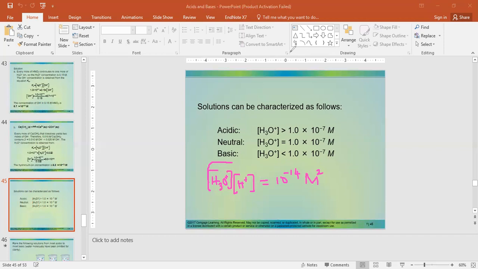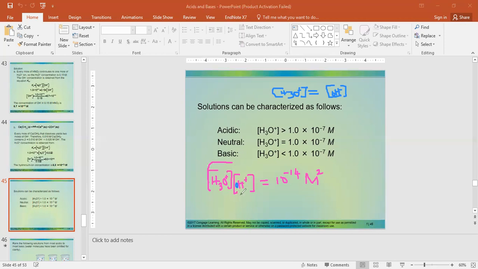If these two concentrations are the same in this equation, you can write one in terms of the other. If H3O plus is equal to OH minus, then mathematically we can express one in terms of the other. Do you agree with me? Yes.